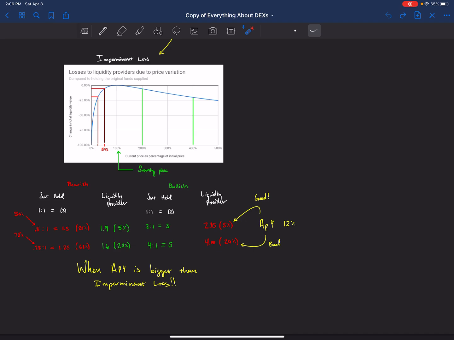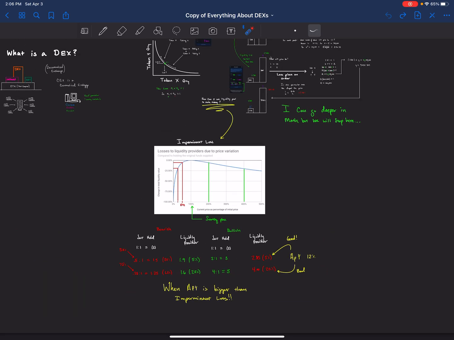So if you're bearish, you might want to be a liquidity provider, or if you think that it's not going to go super high, like you have token X and you have token Y. If you think one of these is going to outperform the other by a lot, you're better off just holding it, unless the APY is higher than the impermanent loss. Okay, so that's how you know whether or not being a liquidity provider is profitable.